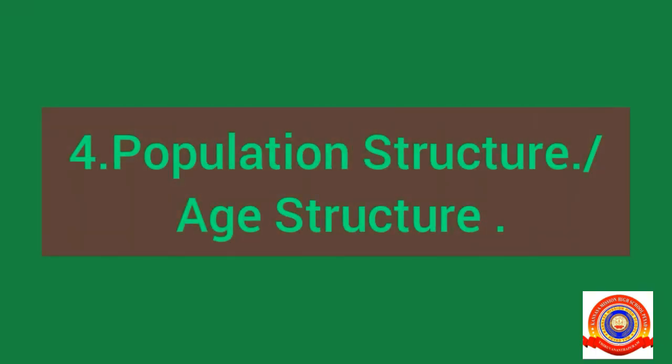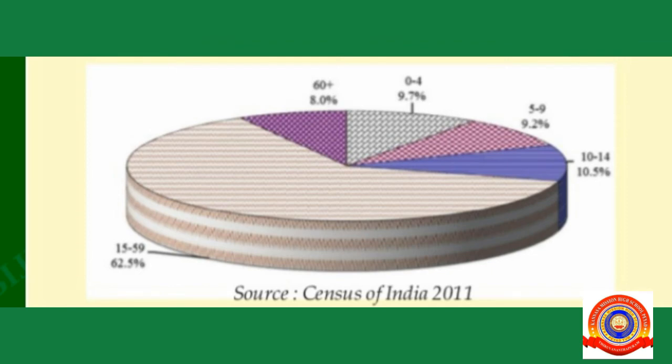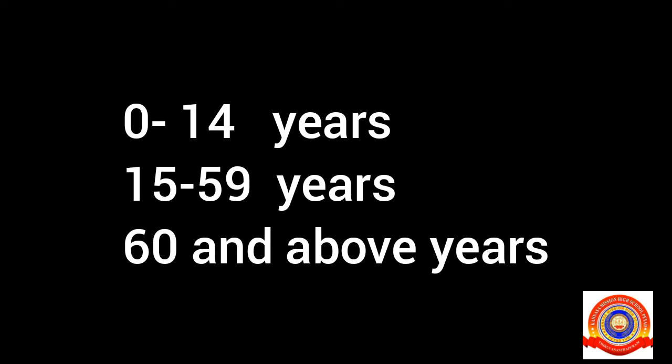Last one, population structure or age structure. Age structure is the classification of population into different age groups and presenting the ratio of each group in the population. For example, classification is done in age groups like 0 to 14 years, 15 to 59 years, and 60 and above years.